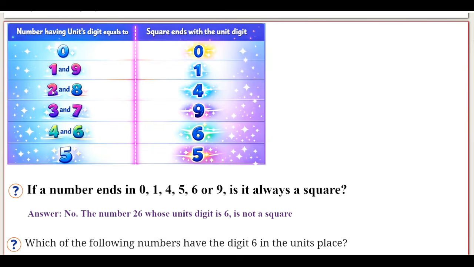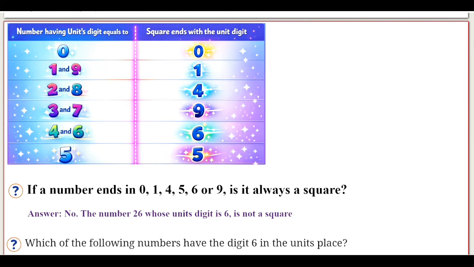If the number is having 2 or 8, the square ends in 4. If the number is having 3 or 7, the square is ending in 9. 4 or 6, it will be ending with 6. 5 means it will be ending with 5. 0 is ending with 0. 5 is ending with 5.